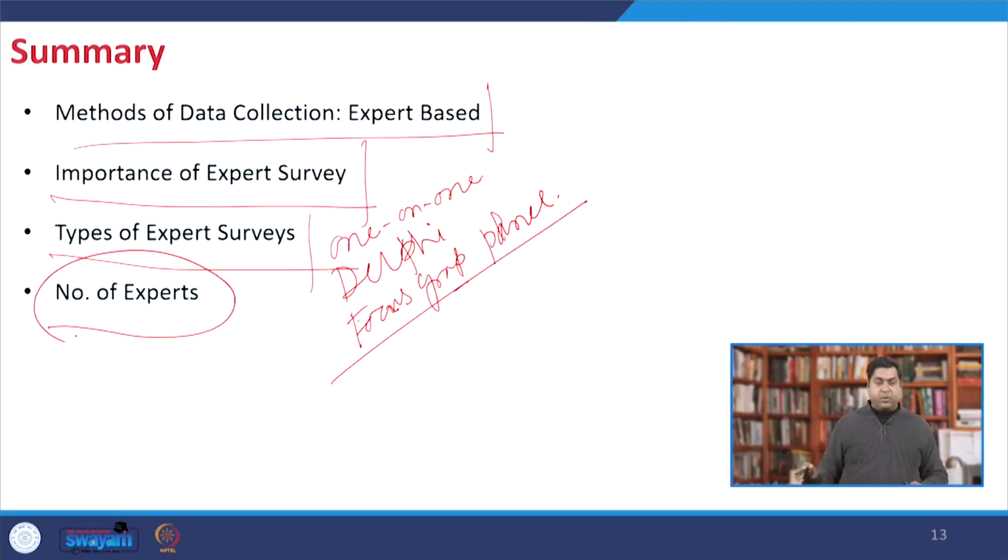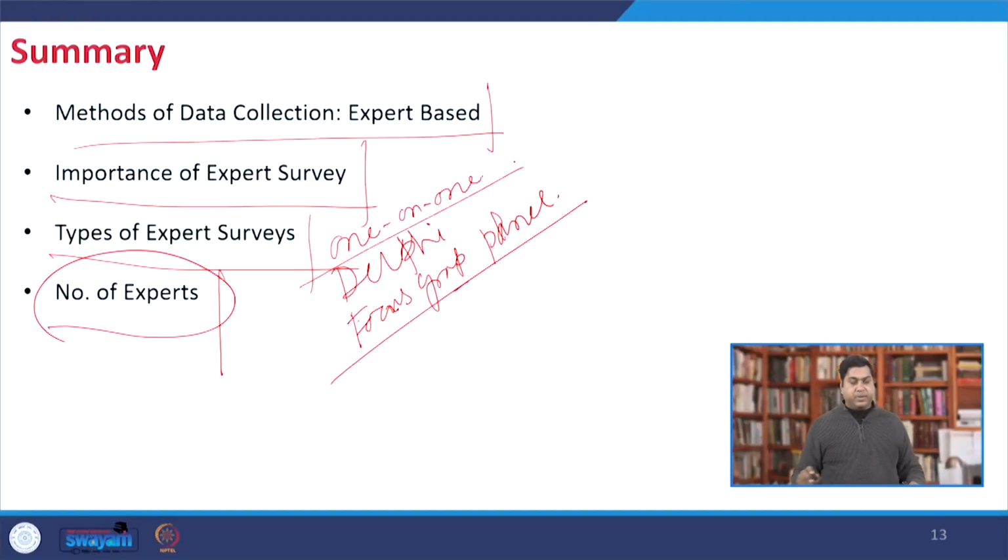In this case we have also discussed the number of experts. Most research says that if you have a small number of experts but they are highly qualified, with credentials truly fitting your research domain, then the response from those highly experienced experts is much better than just increasing the number with experts who do not have much specialization or experience.